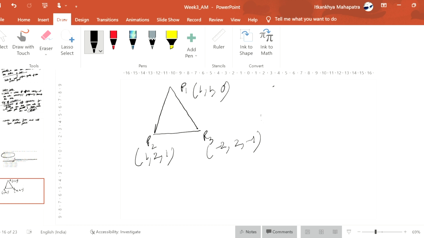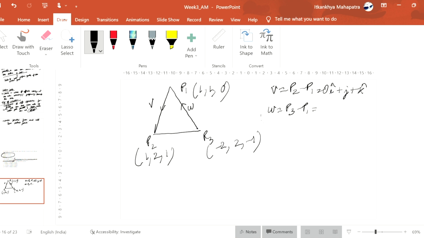Now let's consider this as the v vector, and this as the w vector. Now v is equal to P2 minus P1, and this will be 0 i cap plus j cap plus k cap. w will be P3 minus P1.